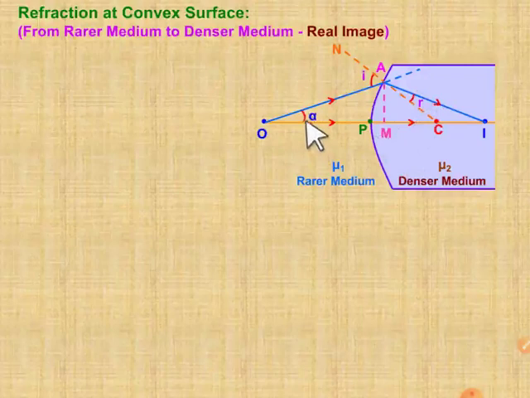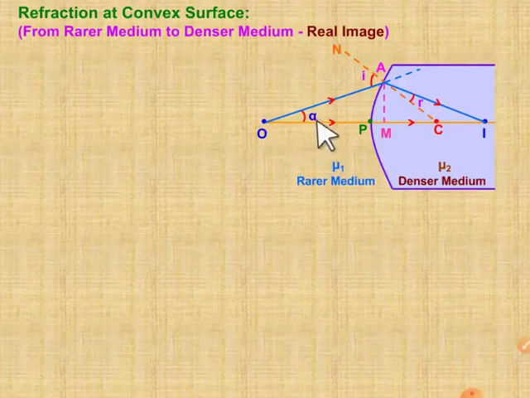This is taken as alpha. We use this symbol for the object. Keep in mind that the incident ray will always be coming out from the object. For the object, the angle formed between the incident ray and the principal axis will be taken as alpha.